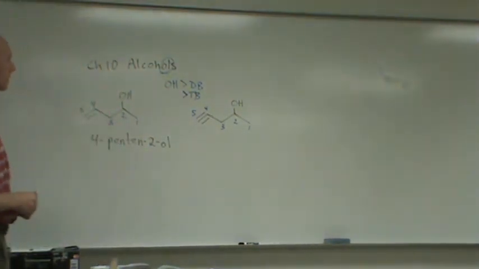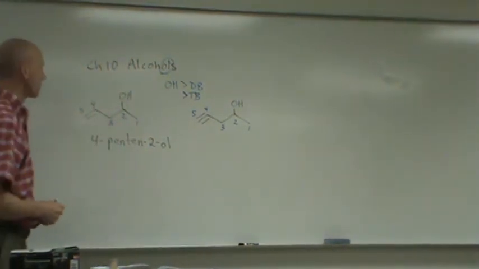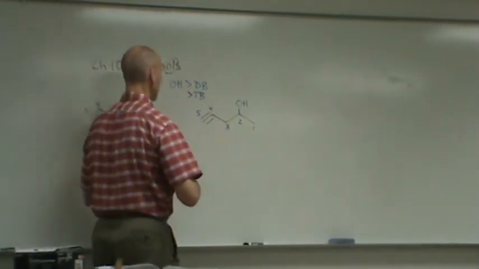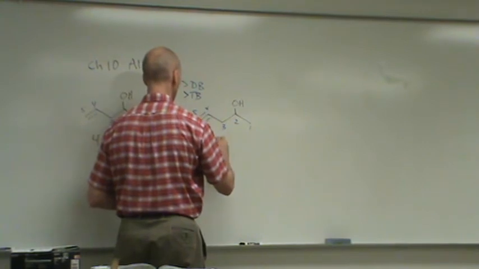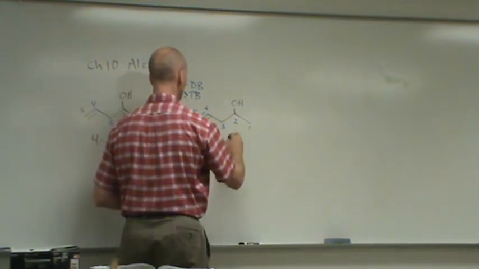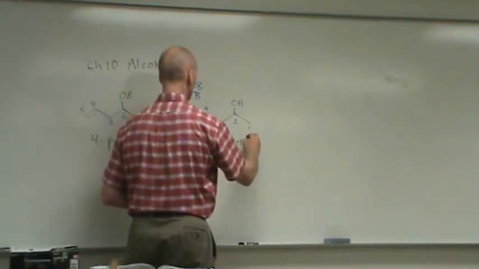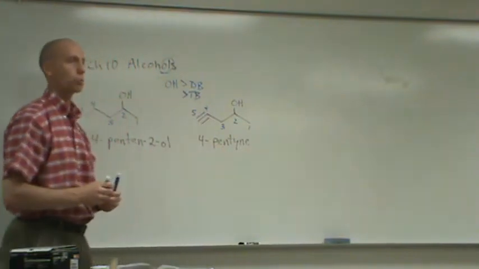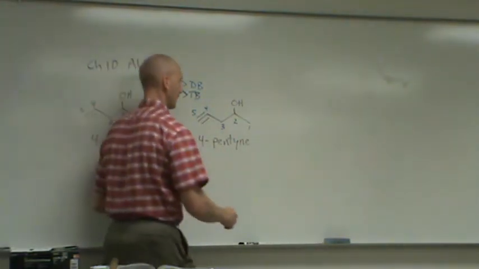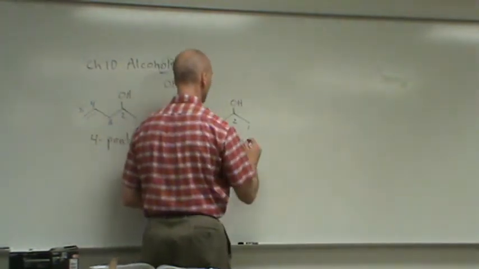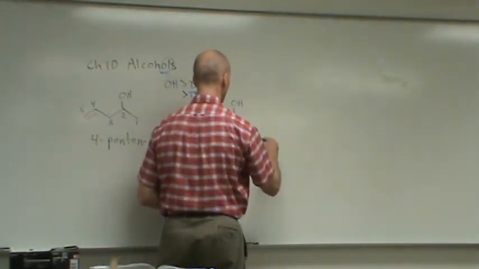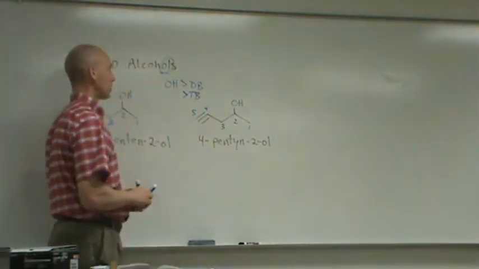So here, the OH carries priority, so we'll name the triple bond first. The triple bond is YNE, but again, I have to drop the E ending and add 2-ol.